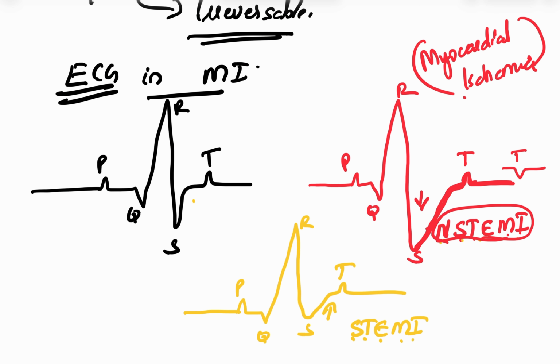Now we go to STEMI or ST segment elevation myocardial infarction. This is due to the plaque or total occlusion of the coronary artery, and there is ST segment elevation here. So these are the two types of myocardial infarction, NSTEMI and STEMI. STEMI means ST segment elevation. NSTEMI means ST segment elevation is not coming up. These are the two types of myocardial infarction for a patient who has an MI.